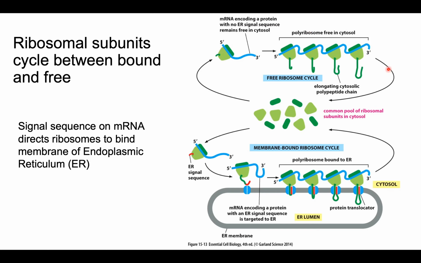All right, when we're done translating this protein, ribosomes dissociate. They're free to just kind of mingle. And then they're going to recognize this mRNA. It's going to start translating this ER signal sequence, so the endoplasmic reticulum signal sequence.